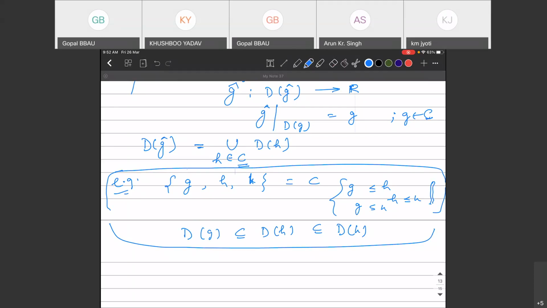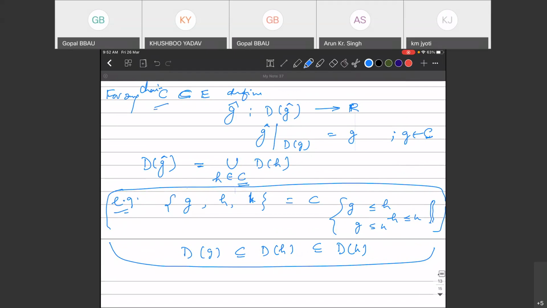So here we took a chain and we are taking the union of all domains, all subspaces DH.